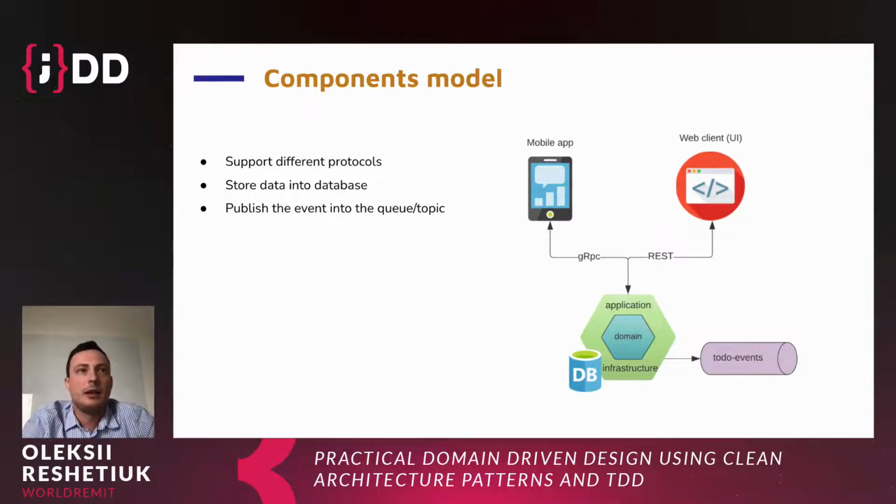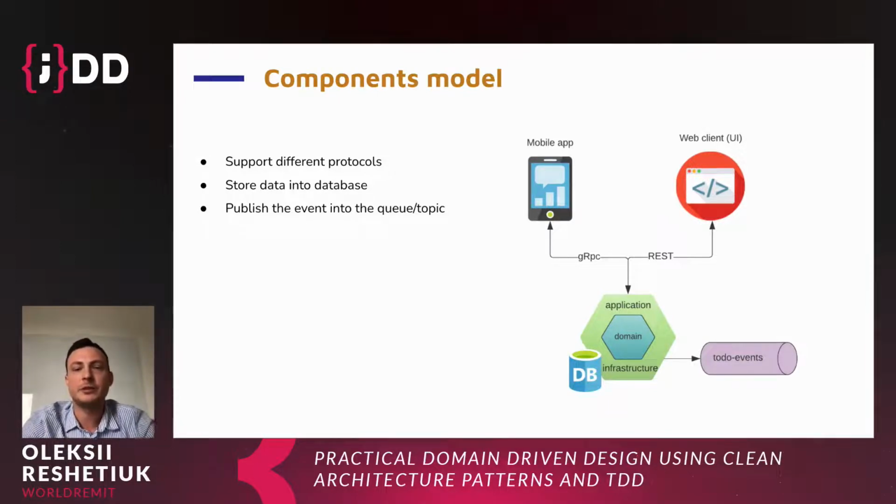And the website expects basically a RESTful, just classic RESTful communication. We also need to publish the event into some buffer. For example, it could be a Kafka topic. We have not decided yet. It is to notify the user about the shared to-dos.